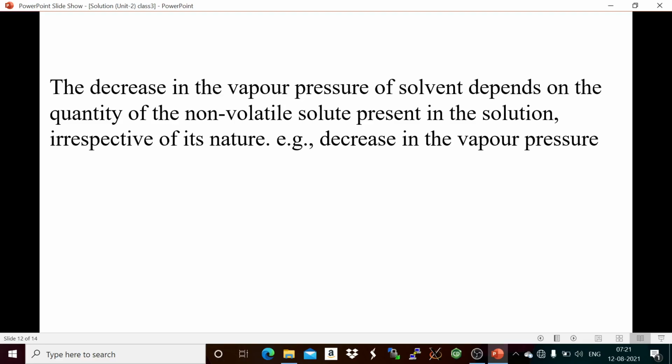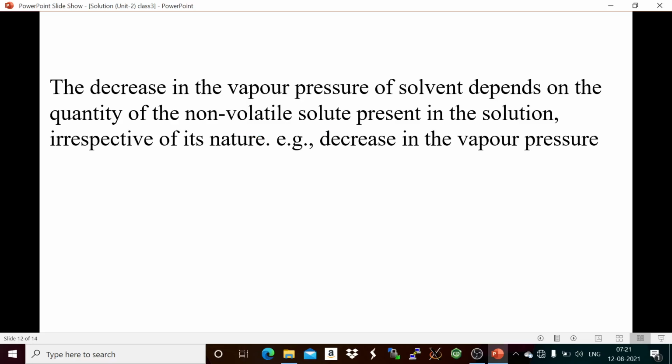When we dissolve a non-volatile solute in a volatile solvent, why does the vapor pressure decrease? Because the surface is covered by solute molecules as well as solvent, so the solvent's escaping tendency decreases, as a result of which vapor pressure decreases. And this decrease in vapor pressure depends on the amount of the non-volatile solute present, irrespective of its nature.